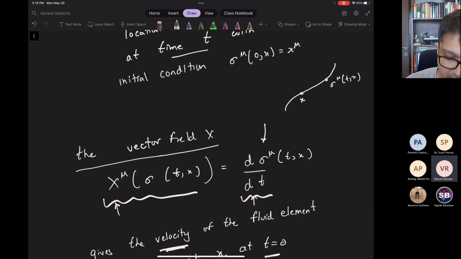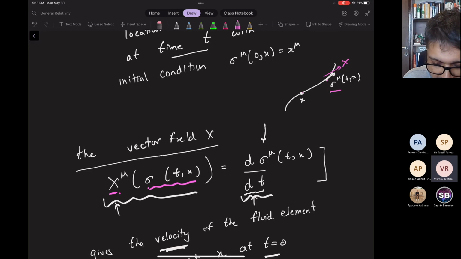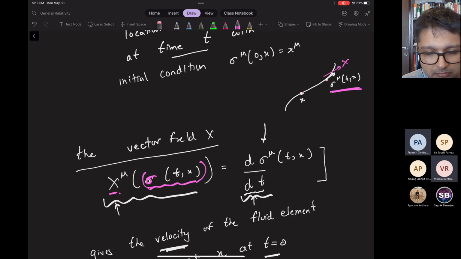Now I want to know what the change in sigma mu is going to be as I move an amount dt. That is the right-hand side, which is the components of the tangent vector to this curve. Now what we're saying is that this depends on the vector field X at this point. X is of course defined over the full manifold, so I need to specify X at this point, which is why it depends on sigma of t, x.